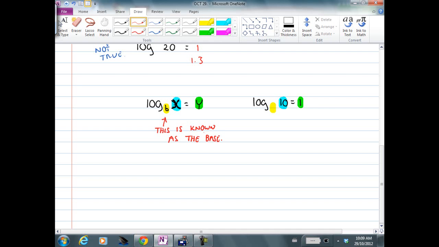If the base is not shown, you have to assume this: if the base is not shown, then it is always a 10.